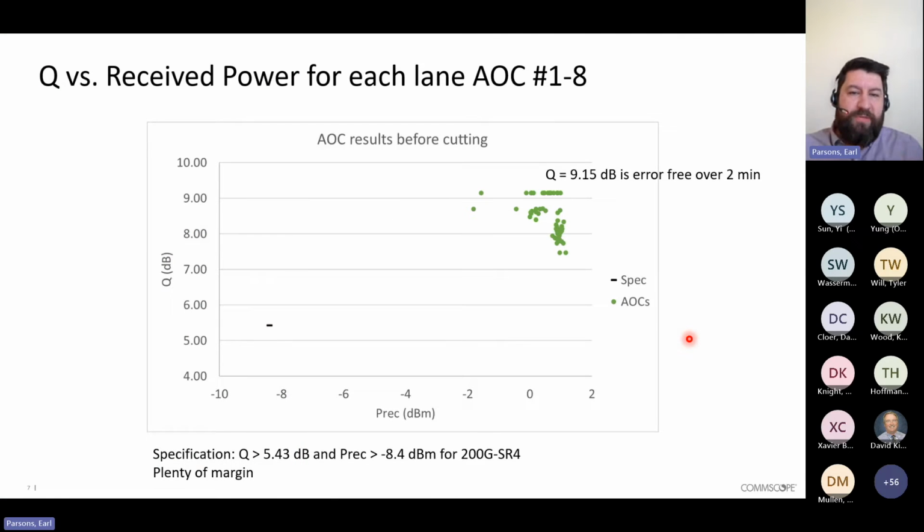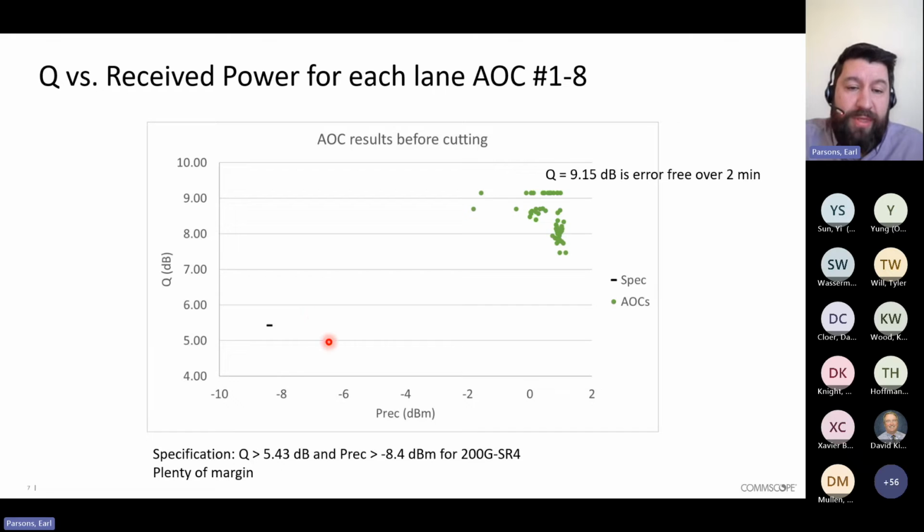And here are the results for our baseline. This is Q versus received power for each of the 8 AOCs that we measured. And again, each AOC has 8 values to report, 4 lanes in each direction. And the black dash right here, this is our specification from Ethernet standards.